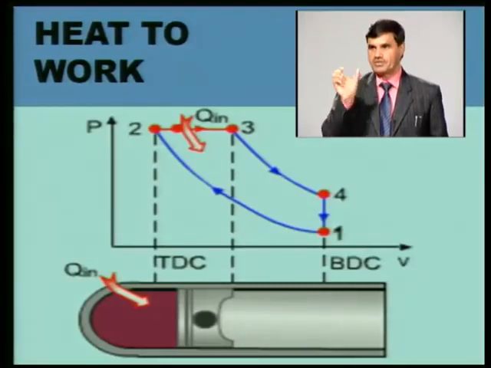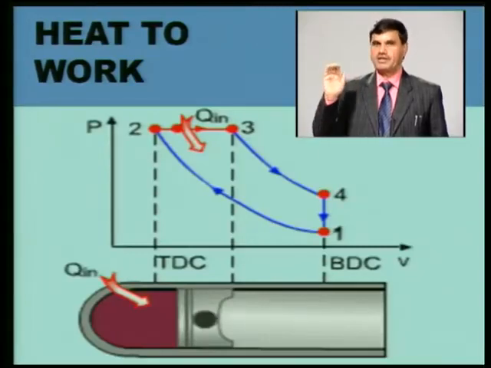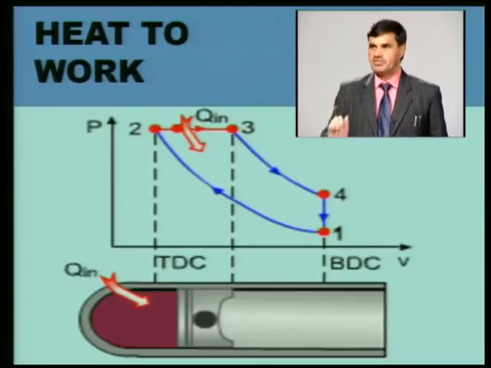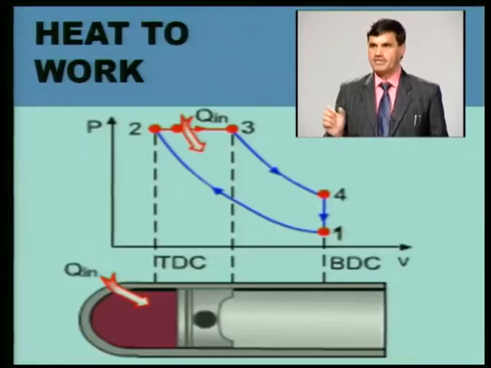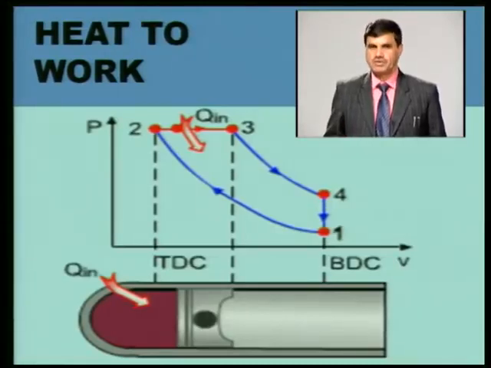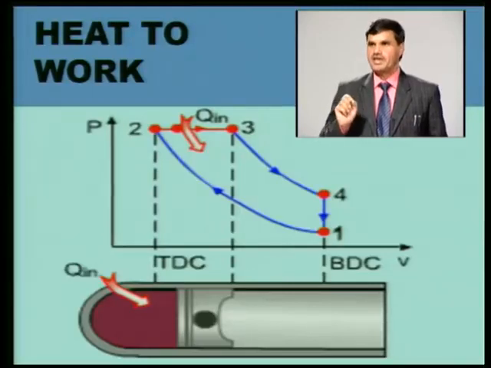Part of this stroke is at constant pressure with heat addition, and when the process follows reversibly, the expansion of the piston movement takes place as a reversible process, sometimes called a reversible adiabatic process. When I say reversible adiabatic process, no heat is transferred from outside to the cylinder or from the cylinder to the surroundings, and reversible means even the movement of the piston is not facing any type of friction.